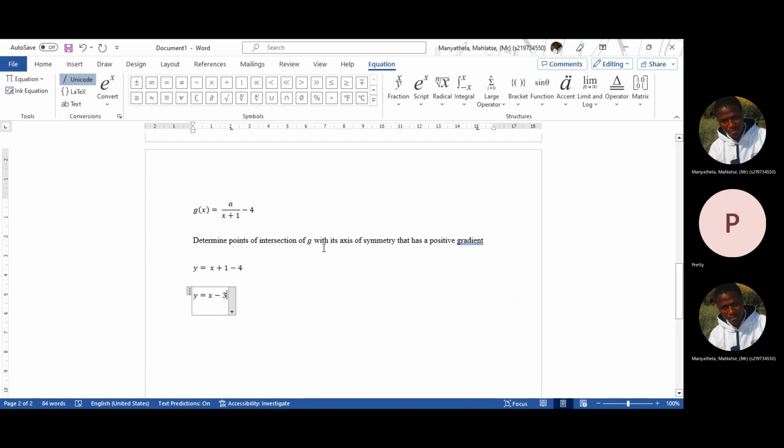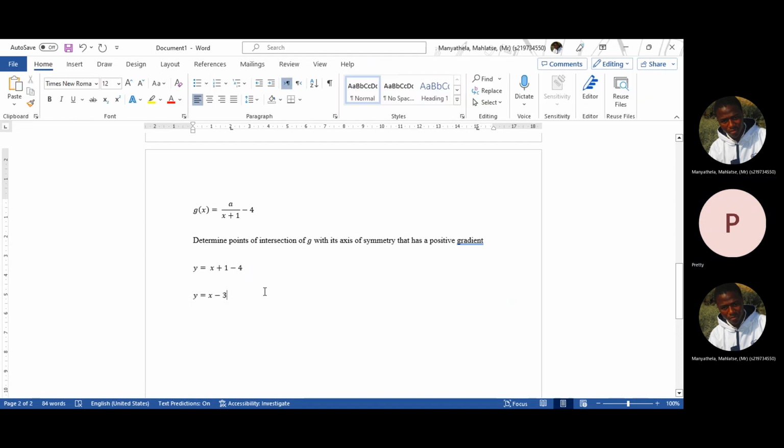Determine points of intersection of G with its axis of symmetry that has a positive gradient. So we get y equals x minus 3. We need the coordinates marking the points of intersection with the equation of the axis of symmetry that has a positive gradient.